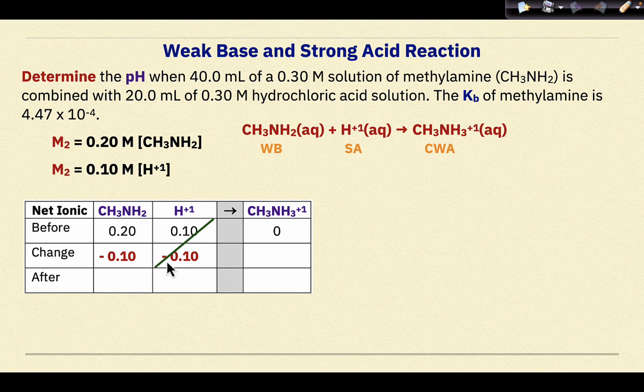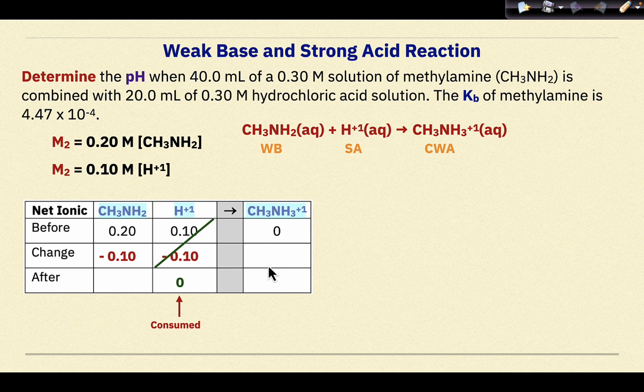This is represented in the change section of the table. As the weak base reacts with the hydrogen ions, CH3NH3+ is produced. In other words, for every CH3NH2 molecule neutralizing one hydrogen ion, one CH3NH3+ ion is produced.